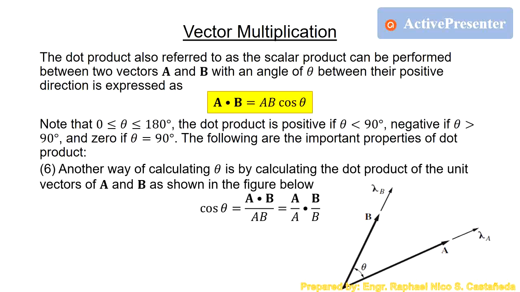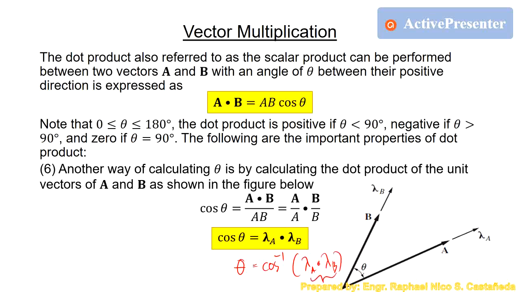Then, using the same concept of dot product, we can calculate theta using the unit vectors, because if we interchange this formula, we can get this formula. If we transfer AB here to the bottom side, transpose it, then you will get this function. And remember, this one is unit vector of A dot unit vector of B. So you will get theta equals arc cos unit vector of A dot unit vector of B. So meaning you just perform dot products to the unit vector.